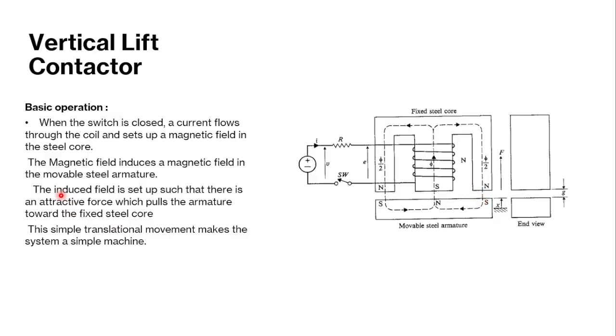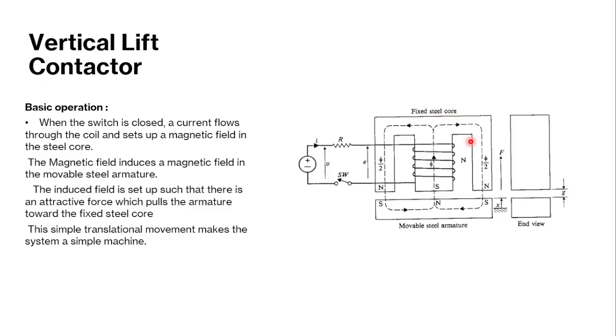So the induced field is set up such that there is an attractive force, because you don't want to push it away, since it's a vertical lift. You want to lift it up, so you have to induce an attractive force. And that pulls the armature towards the fixed steel core, which is this here.